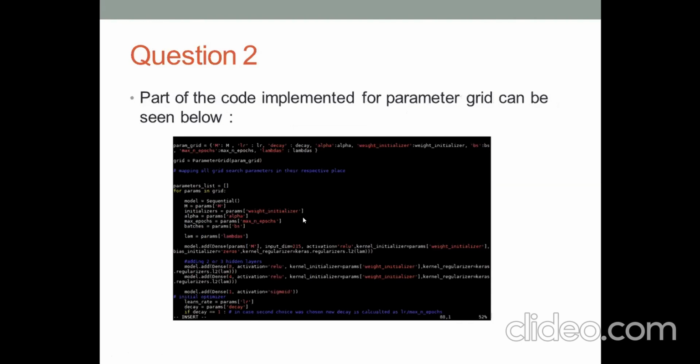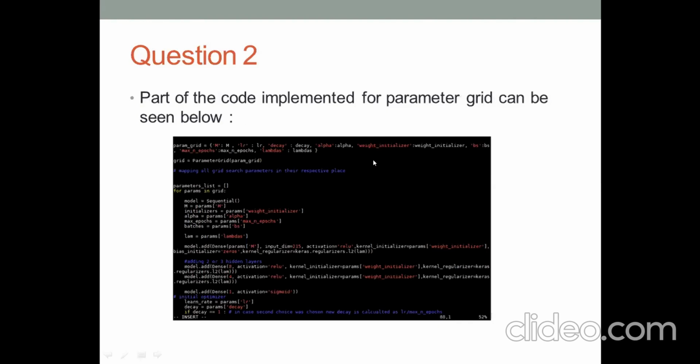I'm going to show you. Okay, so here it's showing my point. I'm using parameter grid for all of them. Regularization is named lambda, just for simplicity. Alpha is the momentum.